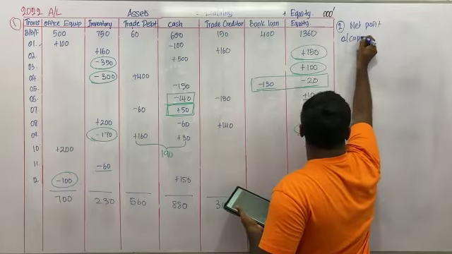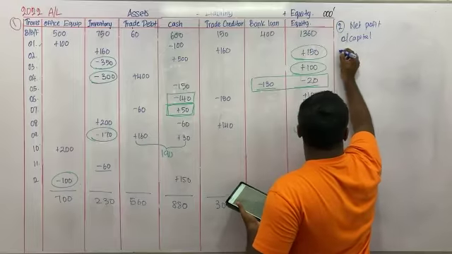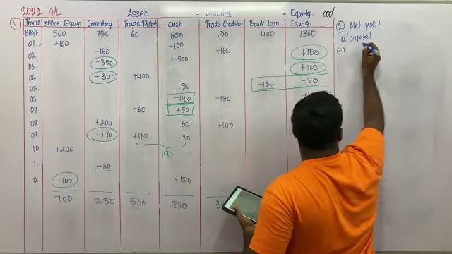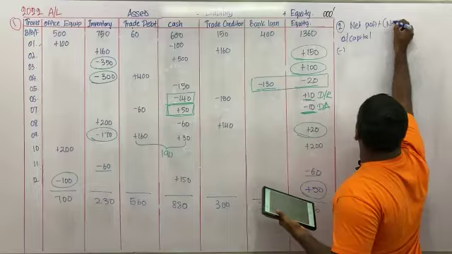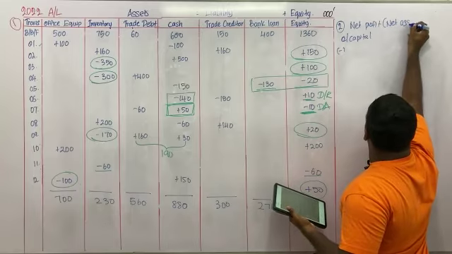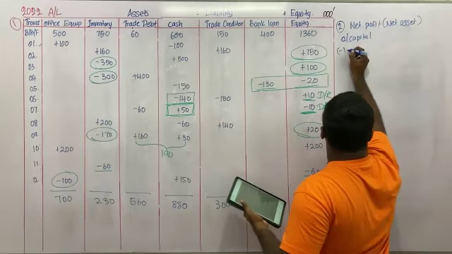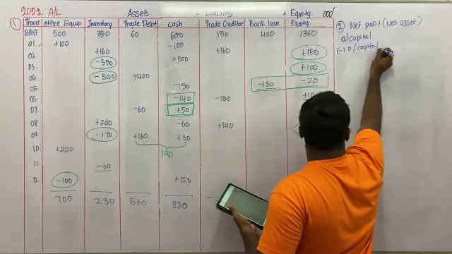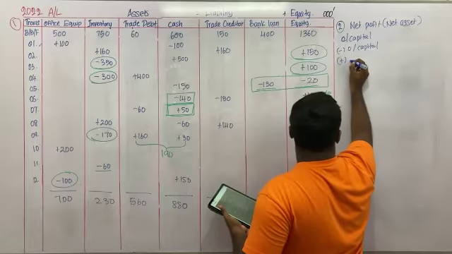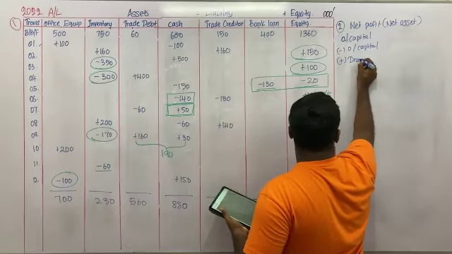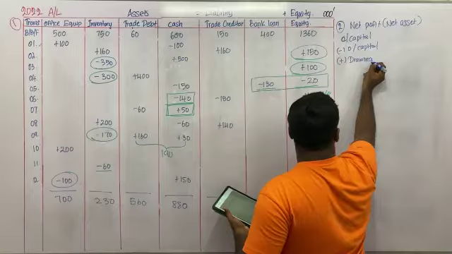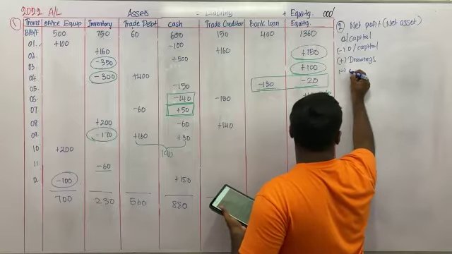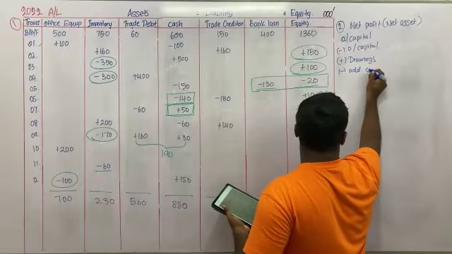Closing capital minus, so they are asking the net asset basis in the question, minus opening capital plus drawings minus additional capital.